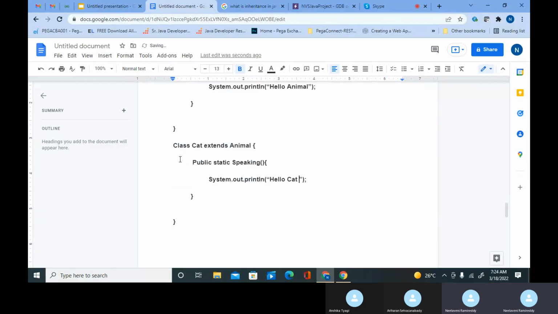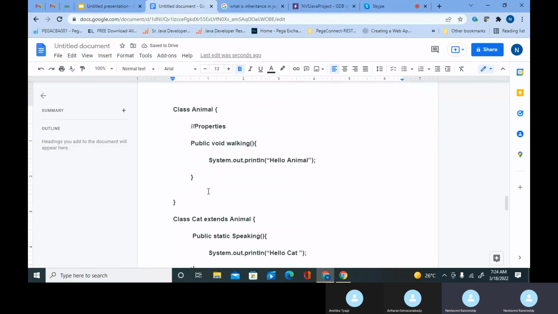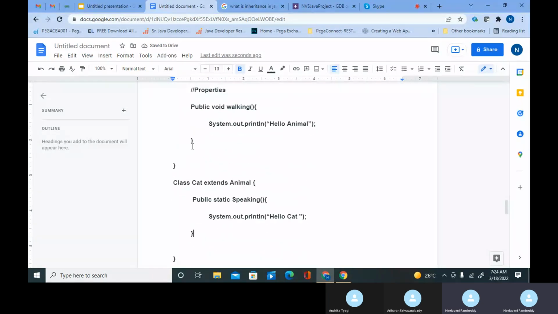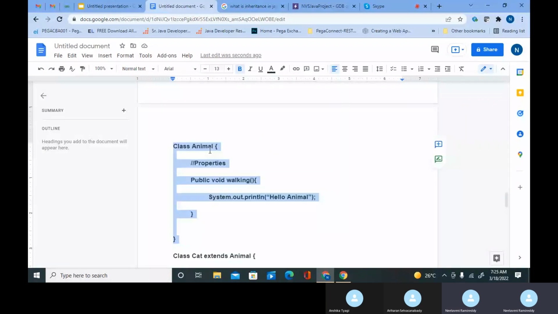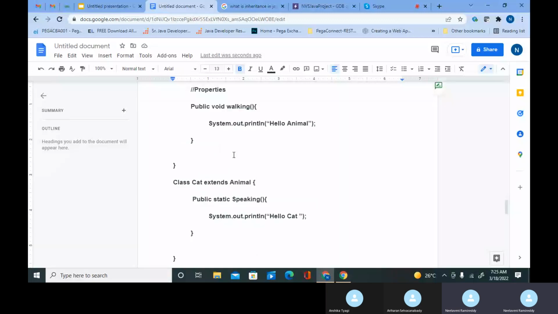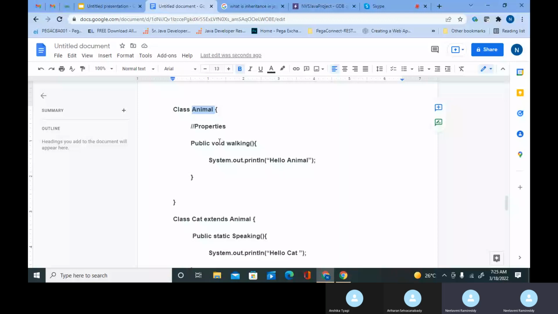So this is my derived class. From my parent class, I'm extending the default Animal class. So you can create any number of animals, like a cat or a dog. All kinds of animals you can create using the Animal class through the extends keyword.